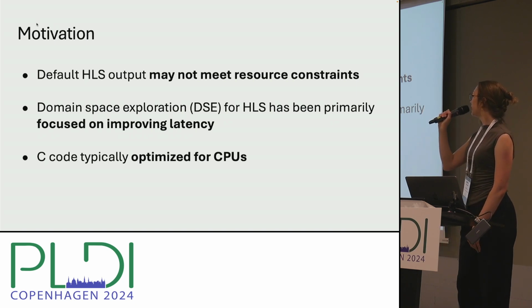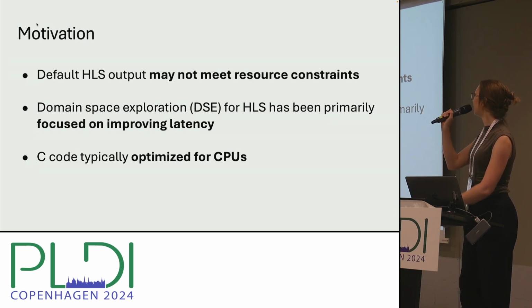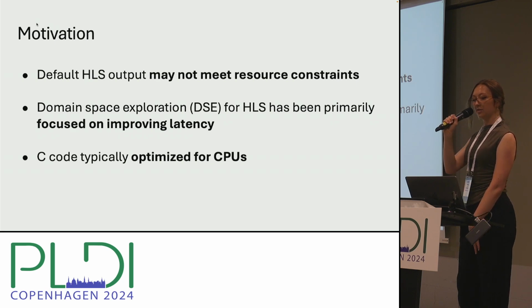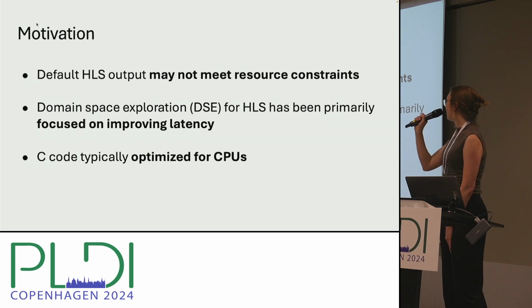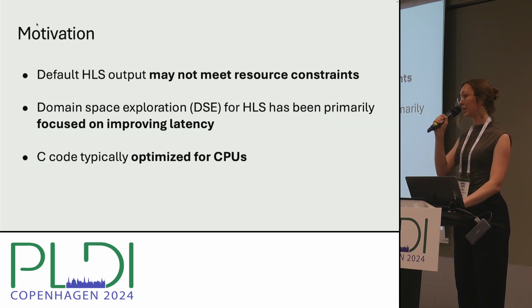And then the final thing is that the C code you take in is typically optimized for CPUs. So if we want HLS to be a tool that just takes C code and outputs the best hardware, then we need to go in a bit of an opposite direction and assume that it was not written with HLS in mind.